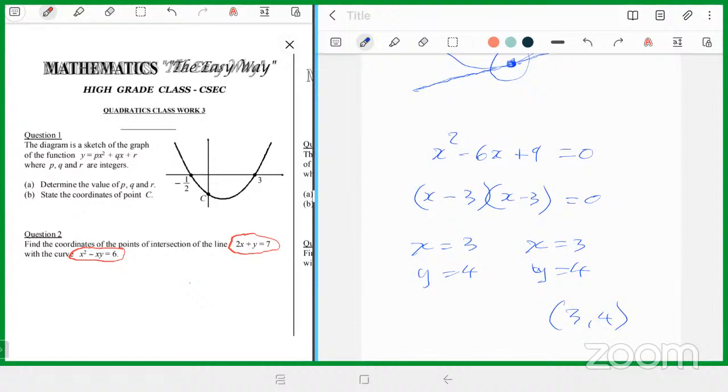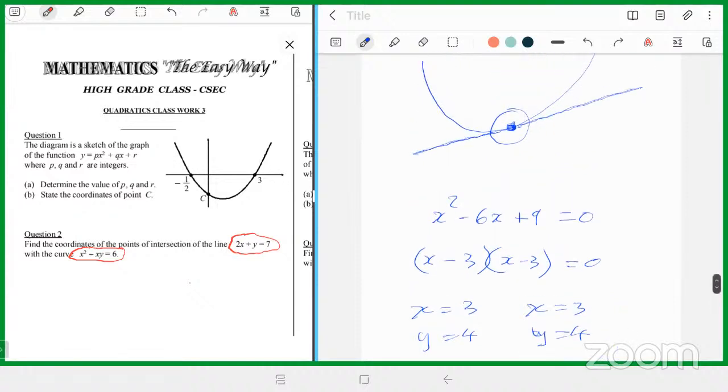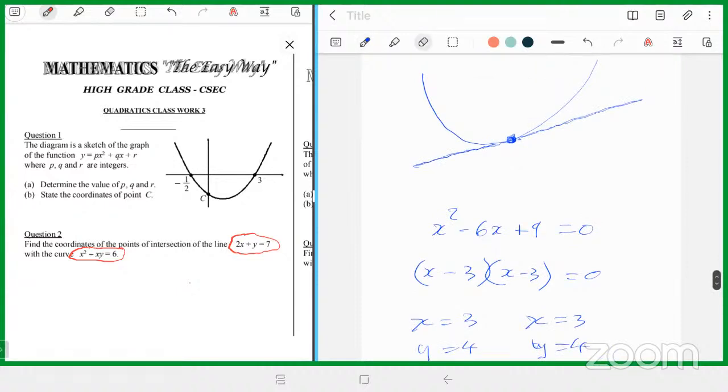Now listen carefully. When this happens, the question might go on to ask you for the geometric relationship between the line and the curve.